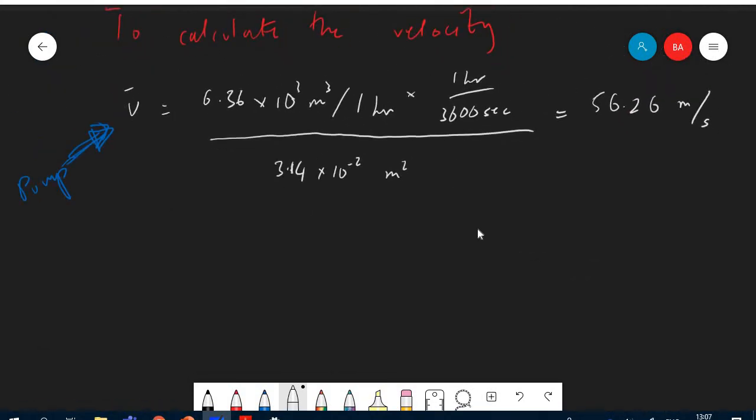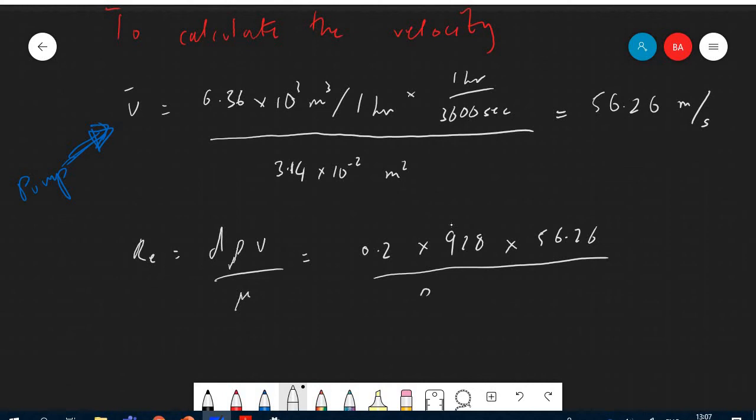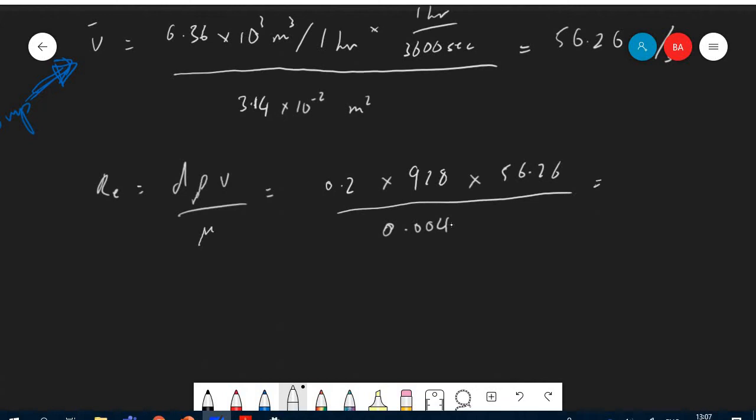So I have now this U, and to calculate the Reynolds number, as I said, it's D rho U over mu, and this is equal to 0.2 meters, which is the diameter of that pipe, into 928 kilogram per meter cube into 56.26 meters per second, divided by mu, which was given to us, which is 0.004, and that is going to be equal to 2.61 into 10 to the power 6.